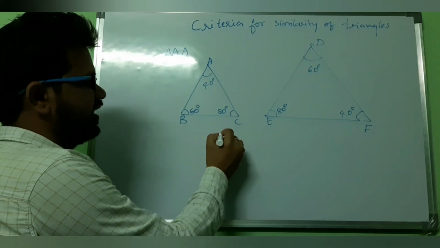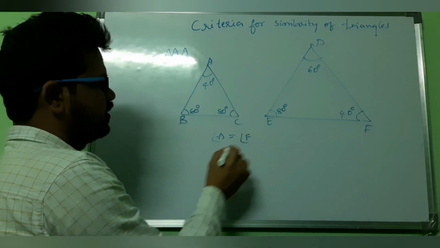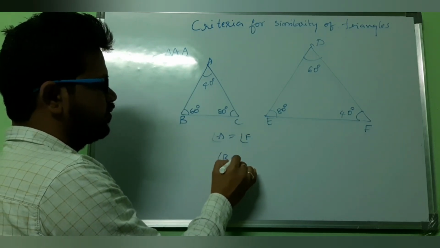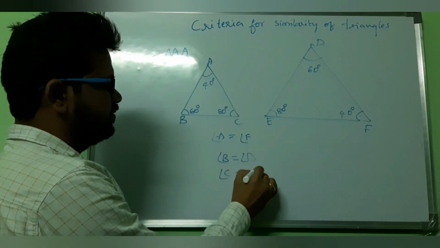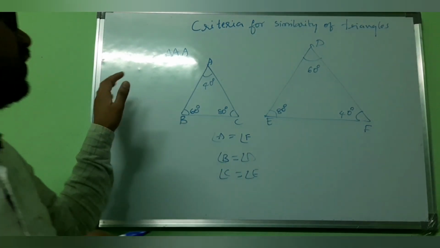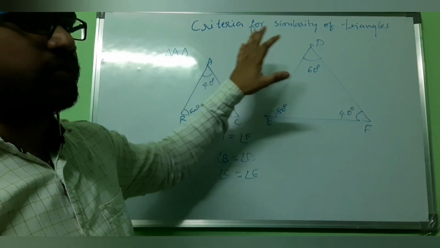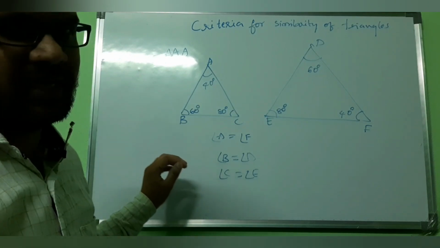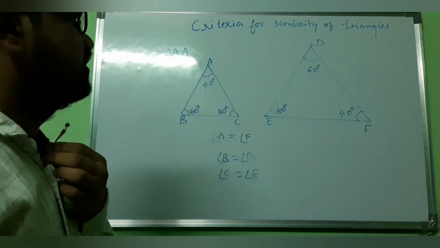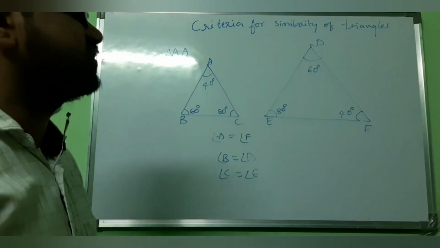Angle A is equal to angle F, angle B is equal to angle D, and angle C is equal to angle E. Corresponding angles are equal in these two triangles. So if in two triangles corresponding angles are equal, then corresponding sides are proportional, hence the two triangles are similar.